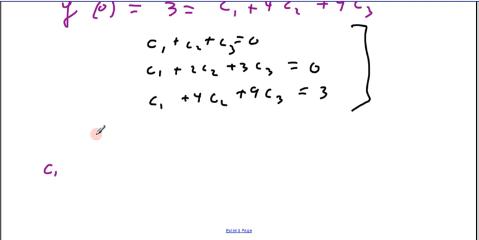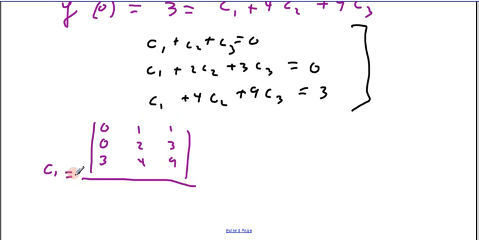Okay, so for C1, the numerator is 0 0 3, 1 2 4, 1 3 9, and on the bottom we have 1 1 1, 1 2 3, 1 4 9. Okay, looking good.